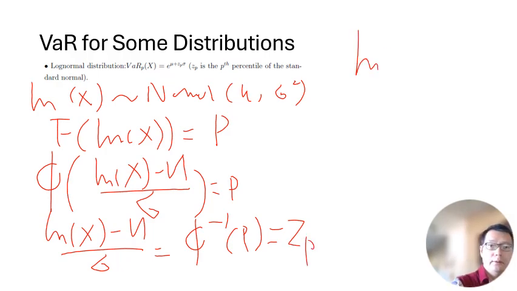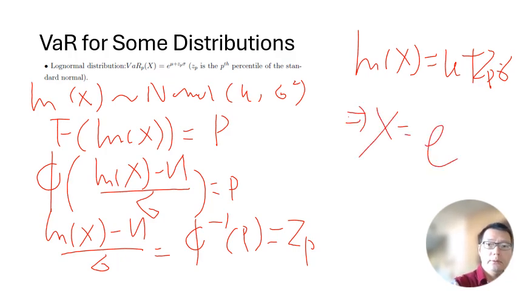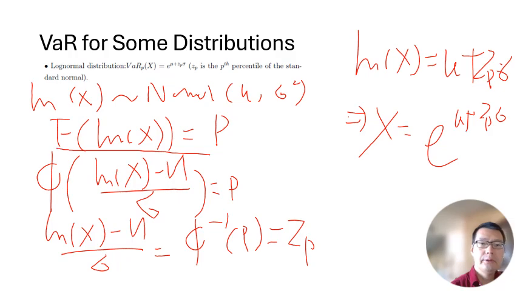Then mu plus z_p times sigma. Then x is equal to e to the power of mu plus z_p sigma. So every time we start with F_X or F_Y equal to p, this is always our starting point. Then we just deduce the rest.